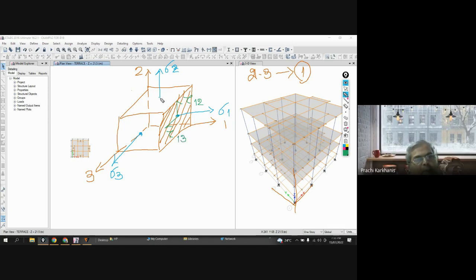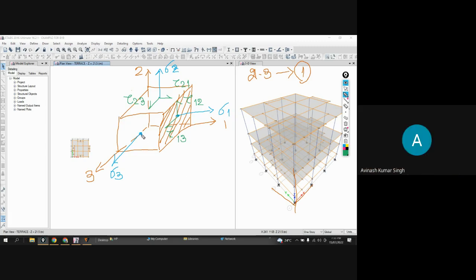Similarly, there will be one more shear stress. This stress you will call tau on the plane 2 in the direction 1. Right? Right, sir. Similarly, there will be one shear stress which is called tau on the plane 2 in the direction of 3. Okay.